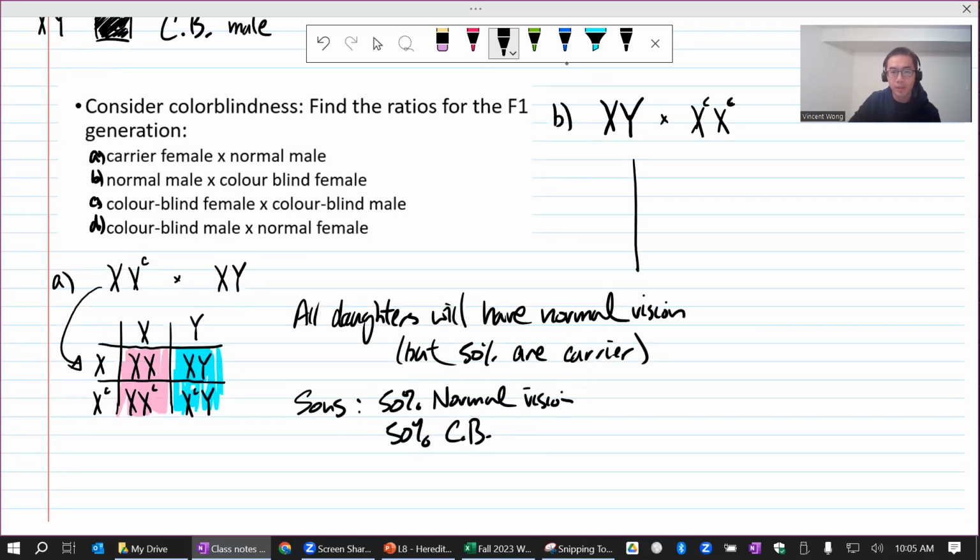We're going to do the Punnett square. Male. Female. XXC, XXC. XCY, XCY.